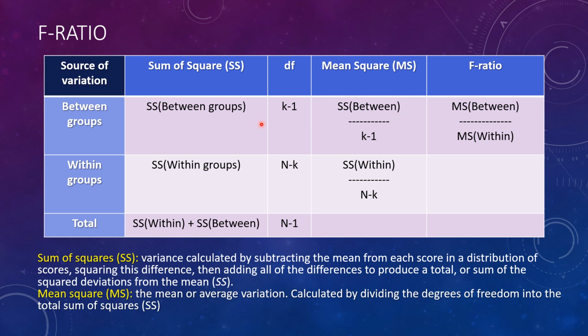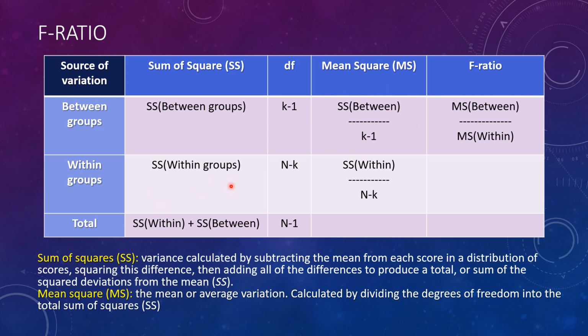So if we go across here, we have the sum of squares between groups. This is all the math stuff where we're subtracting and squaring and adding stuff together. Here's that term degrees of freedom again. This is for our group, so it's k minus 1. And to get the mean square between groups, we simply divide k minus 1 into the between groups sum of squares, and this gives us our final F ratio over here. So there's your numerator, mean square between groups, and we get that from this cell here.